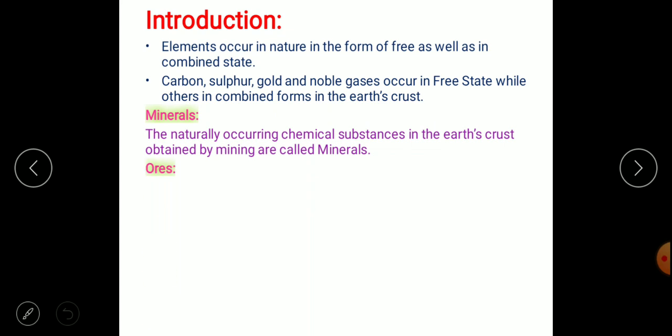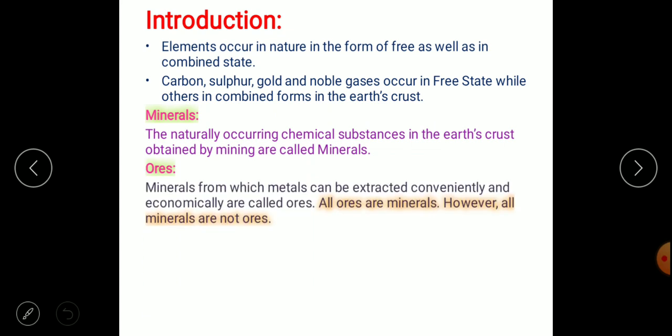Next is ore. The term ore means a mineral from which metals can be extracted conveniently and economically. Usually all ores are minerals, whereas all minerals are not ores. These are the minerals from which the metals can be extracted, which we want to extract.